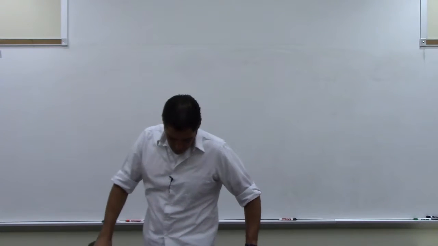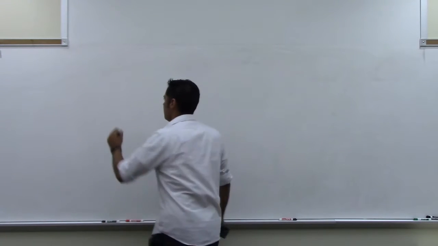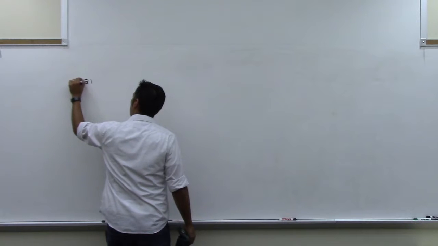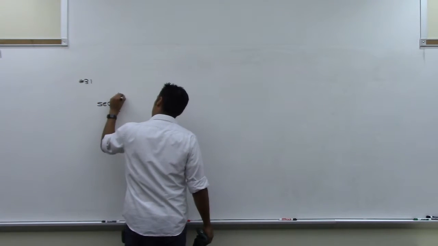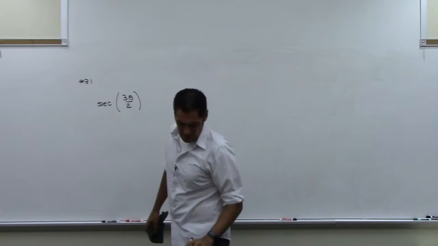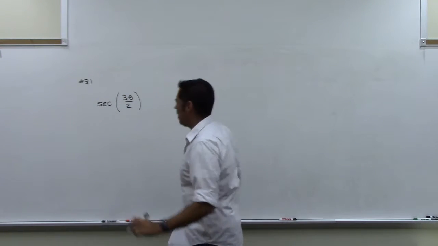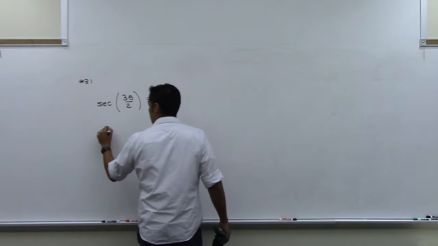Okay, now we have 31. Ooh, this one's interesting. Secant of 3 theta over 2 equals negative 2. So secant is 1 over cosine.